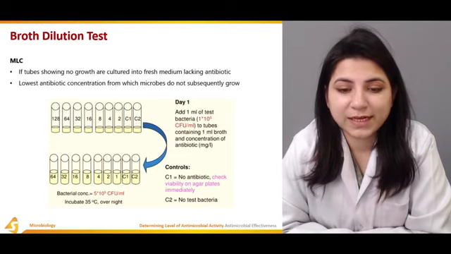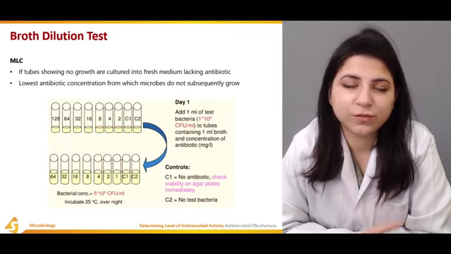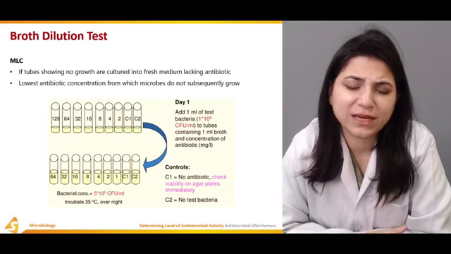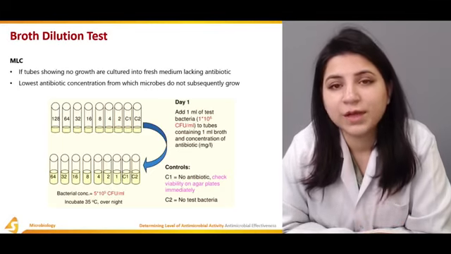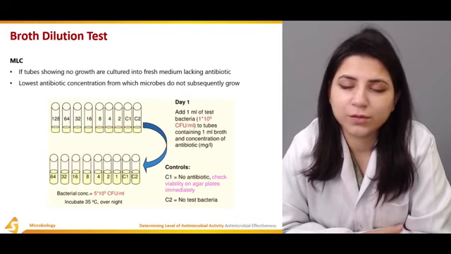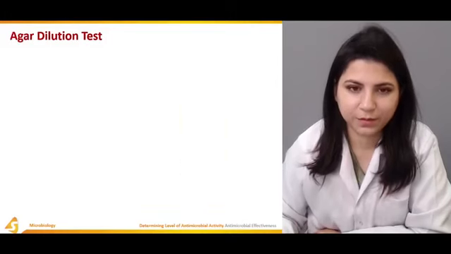Once the bacterial colonies are inoculated, they are incubated, usually at 35 to 37 degrees. That's the ideal condition for bacteria to grow. They are incubated usually overnight, and then we can determine the MIC and MLC.